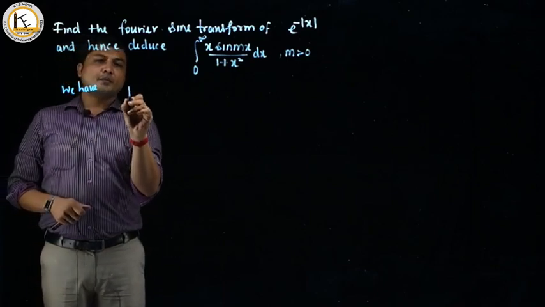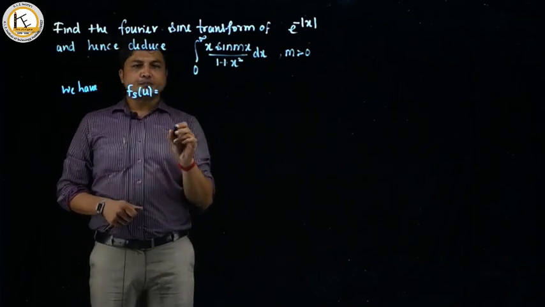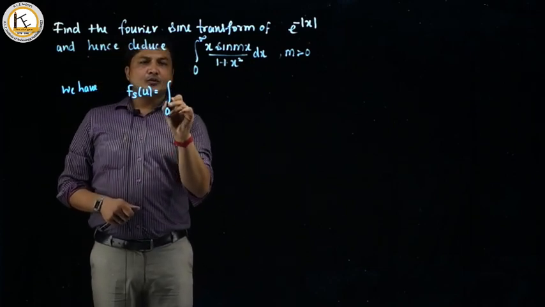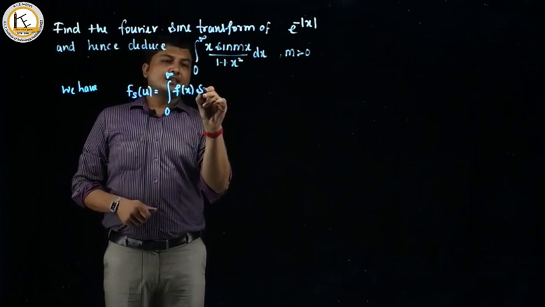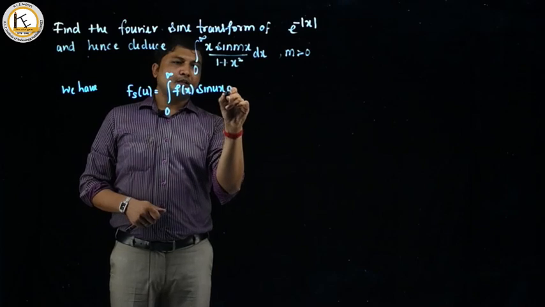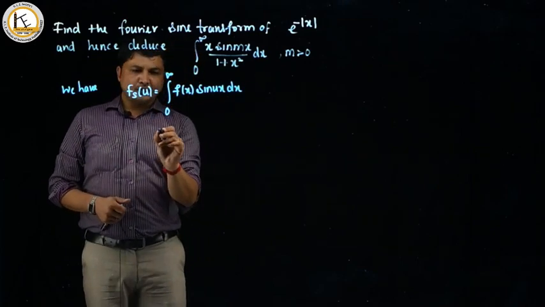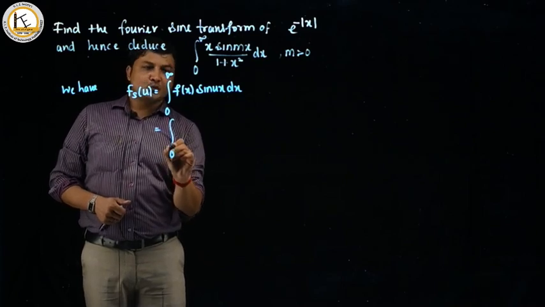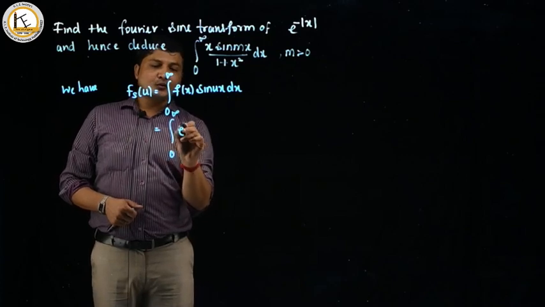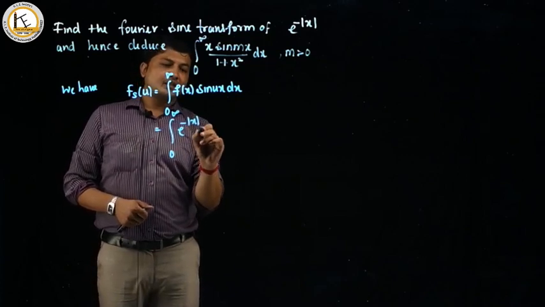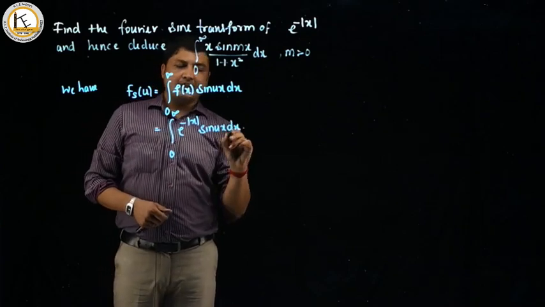We have Fs of u is equal to the integral from 0 to infinity of f of x into sine ux with respect to x. Substituting f of x, we have the integral from 0 to infinity of e raised to minus of mod x into sine ux with respect to x.